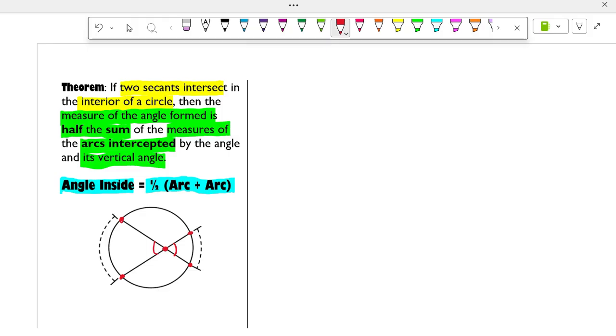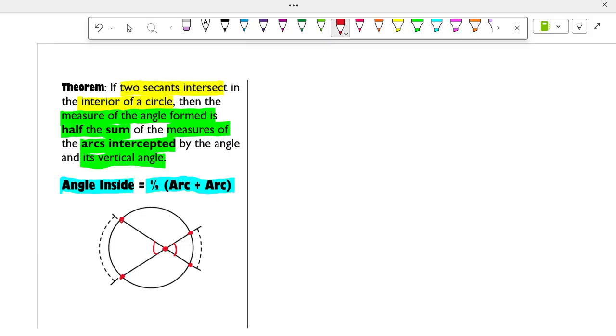Starts with a V. They're vertical. So, vertical angles are still congruent. All right? So, since they're vertical, they're congruent, but their arcs aren't necessarily going to be congruent. The only time they're congruent is if they were both inscribed angles, or if they were both central angles and they happen to be congruent.